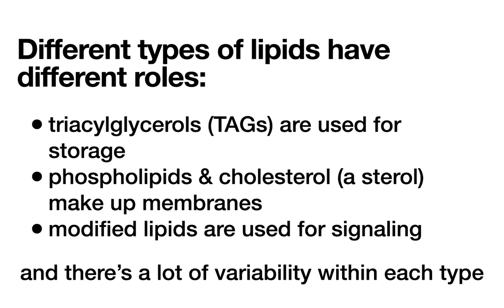Then we had our phospholipids and cholesterol that were making up the membranes. We had the glycerophospholipids and our sphingophospholipids with the glycerol or the sphingosine backbone, and then those 2 tails, and the hydrophilic head. And then we had all sorts of modified lipids used for signaling and a lot of variability within each type.